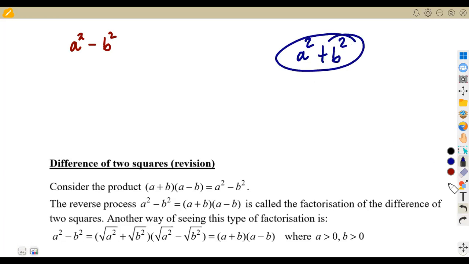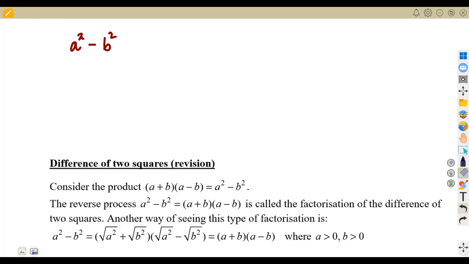For the sum of two squares, it's actually impossible for us to factorize this, unless you are talking about the sum or the difference of two cubes. When you're dealing with two cubes, there is a sum and there is a difference of two cubes. But for the two squares, we only have a difference. We do not have a sum of two squares that can be factorized.